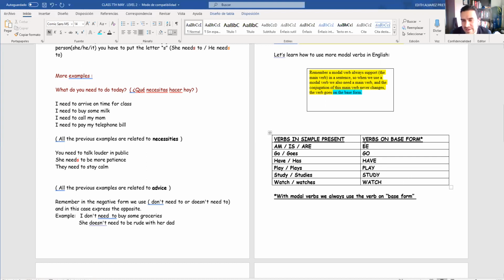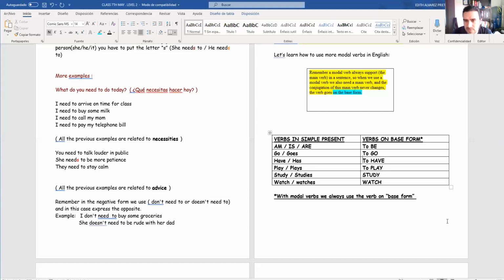So, en general, la forma base del verbo es su forma natural. ¿Listo? Sin conjugar, ¿ok? Si es be, well, to be, ¿no? Digamos así. To go. To have. To play. Esta es su forma base.